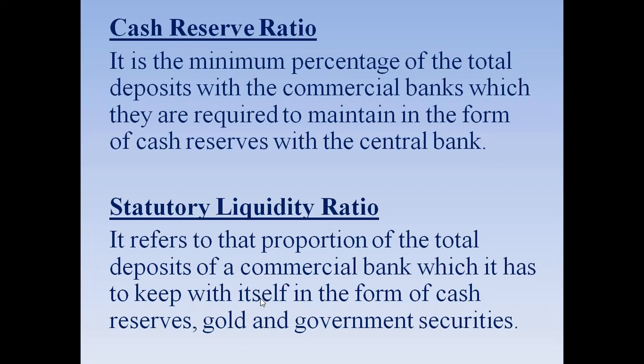Commercial banks are obliged to keep 200 as reserve with RBI and again 150 with them. So total is how much? 200 plus 150, 350. Now the remaining amount is 650. Now they are free to provide 650 as loans to the public.